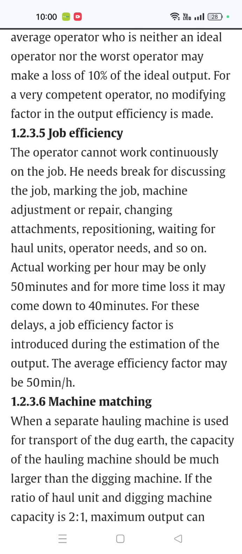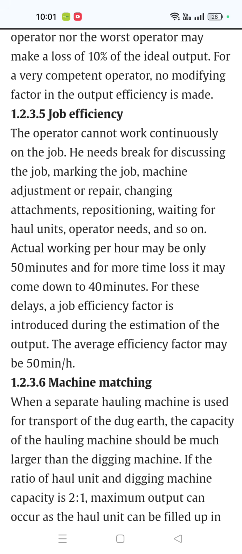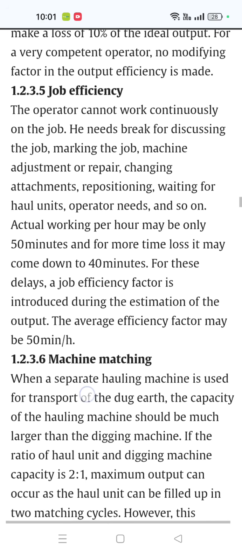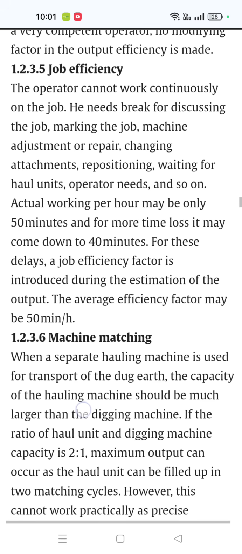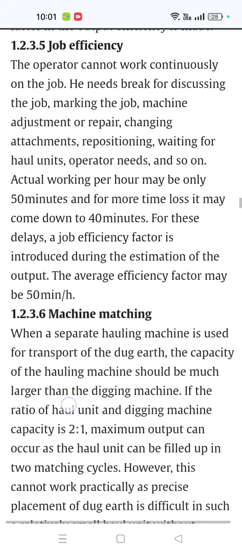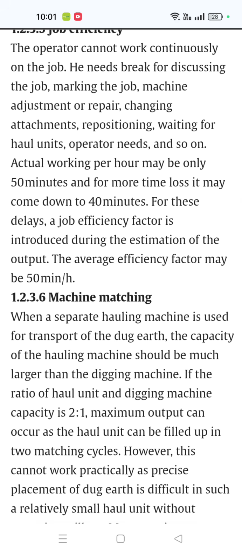1.2.3.5 Job efficiency. The operator cannot work continuously on the job. He needs breaks for discussing the job, marking the job, machine adjustment or repair, checking attachment, positioning, waiting for haul unit, and so on.